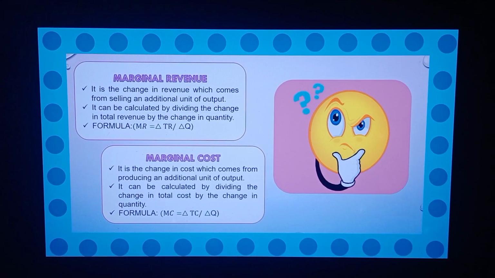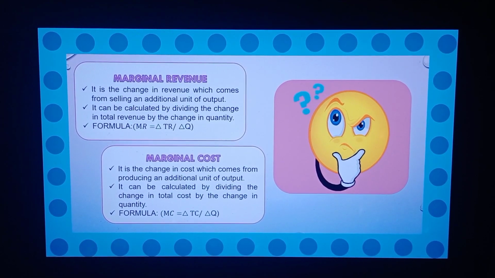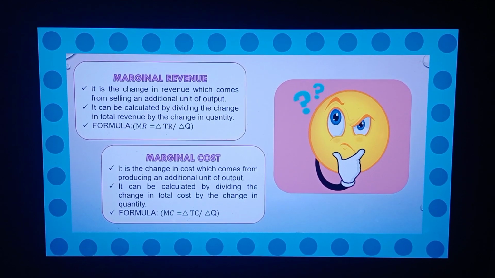Ang marginal cost daw ang pinakamabigat na pagpapasya para sa mga producer o yung mga gumagawa ng mga produkto. Kasi aalamin nila kung magkano ang idadagdag na gastos para sa karagdagang bilang ng gagawing produkto. Ang marginal cost ang tumutukoy sa karagdagang gastos para sa karagdagang bilang ng unit ng produkto.